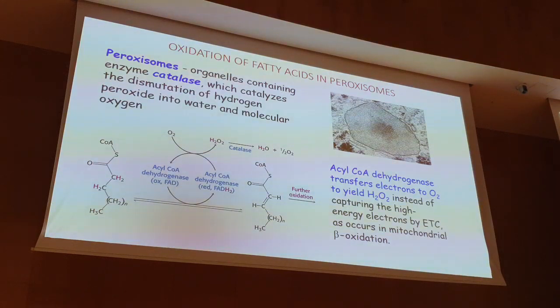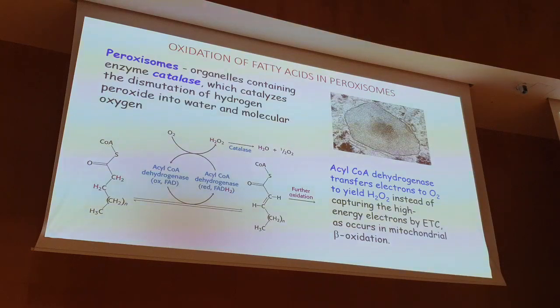One slide on peroxisomes. Why? Because peroxisomes can convert long-chain fatty acids. Okay? C18, C20, or 20, 22 carbons. They can start breaking them down. All right?